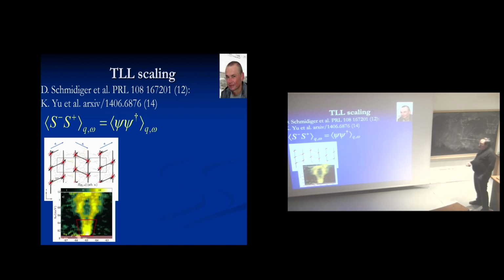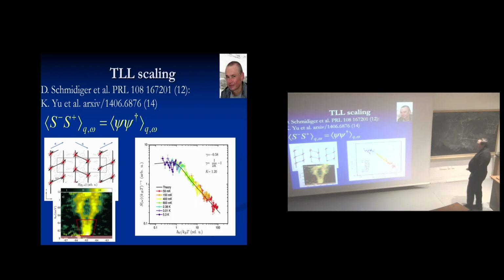And by measuring the neutron spectrum, you saw these figures in Jean-Sébastien's talk. This is the energy, this is the momentum, and the color code tells you the intensity of the response.